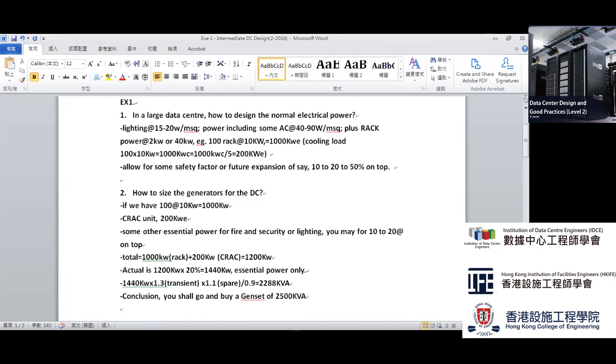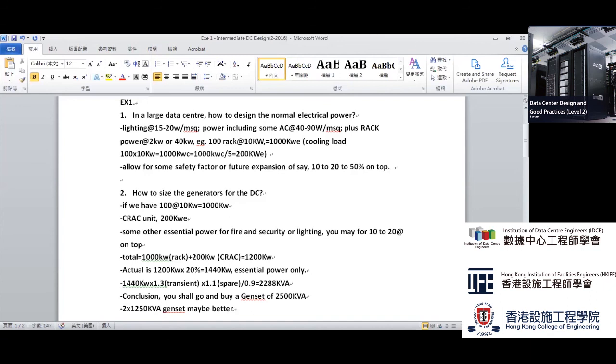Yeah, but that's wrong. You know why? We have this 2,500 kVA generator, okay, but you don't want to have one single generator, right? Say use 2 numbers, 2 times 1,250 kVA genset. Maybe better.